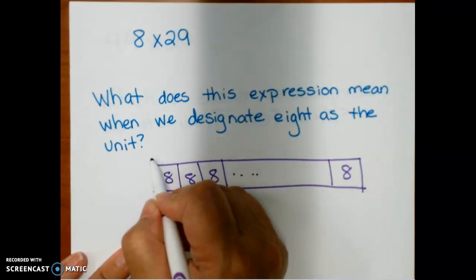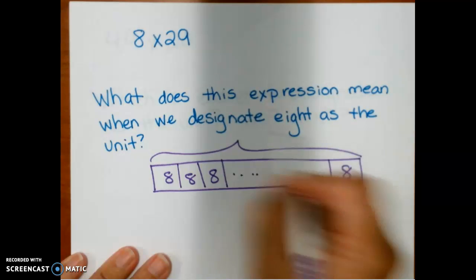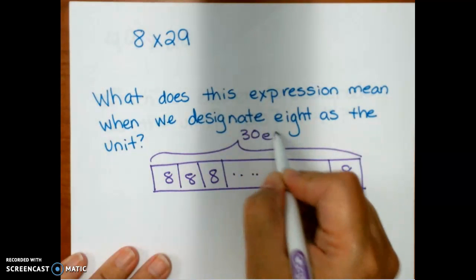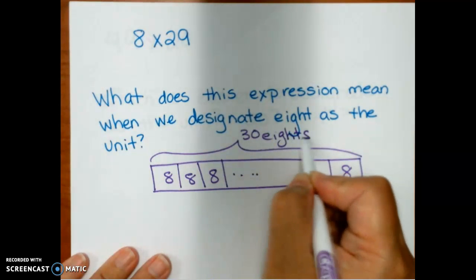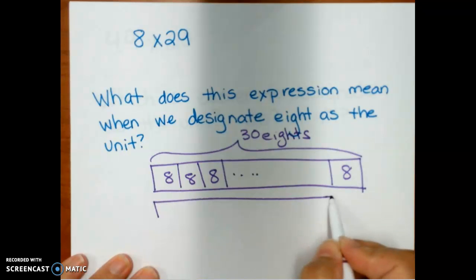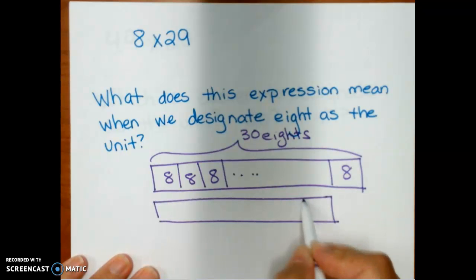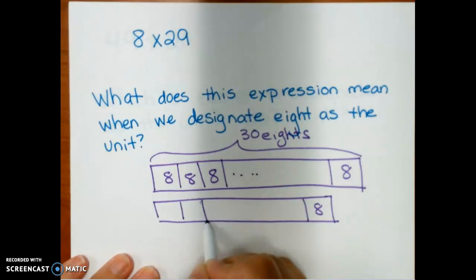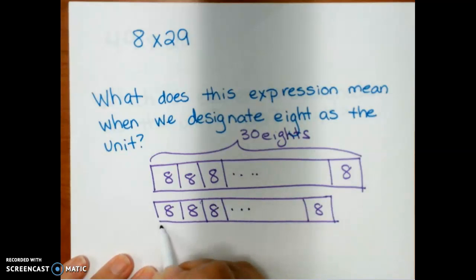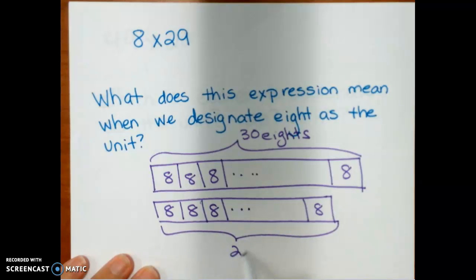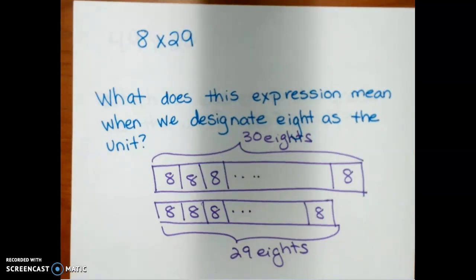So I have 30 eighths, and on the bottom I'm going to have 29. So here I have 29 eighths. Well, 29 is 1 less than 30, right?